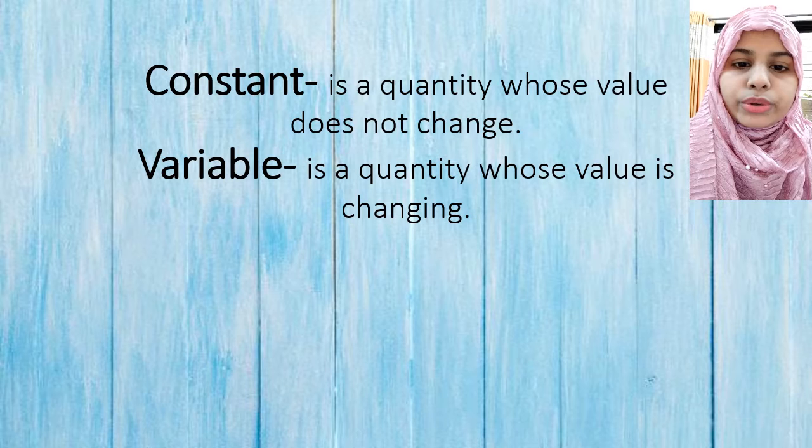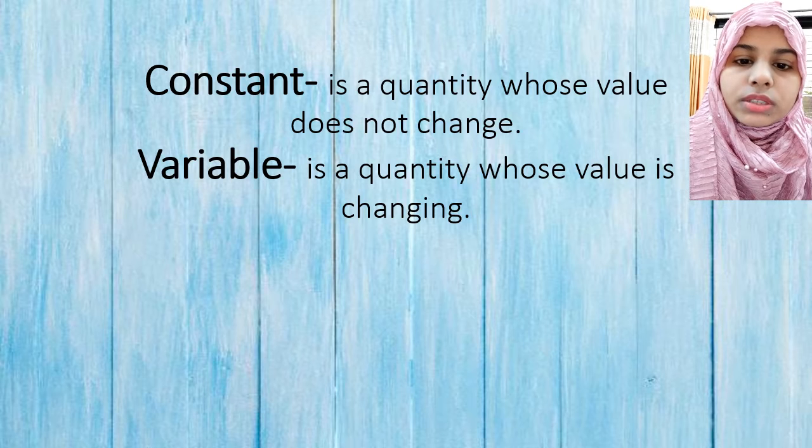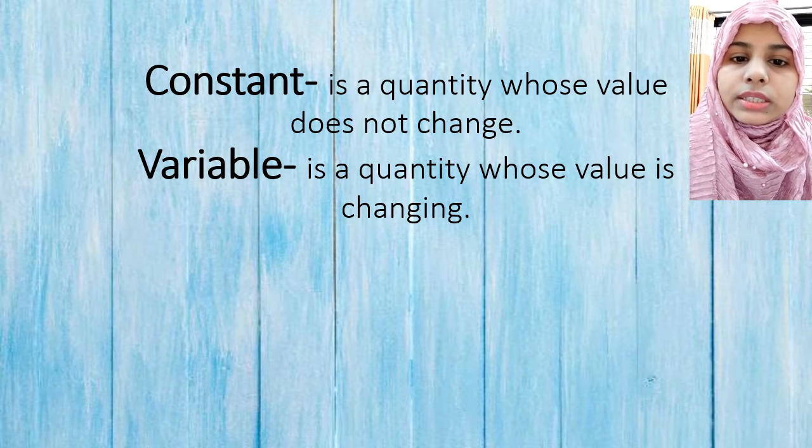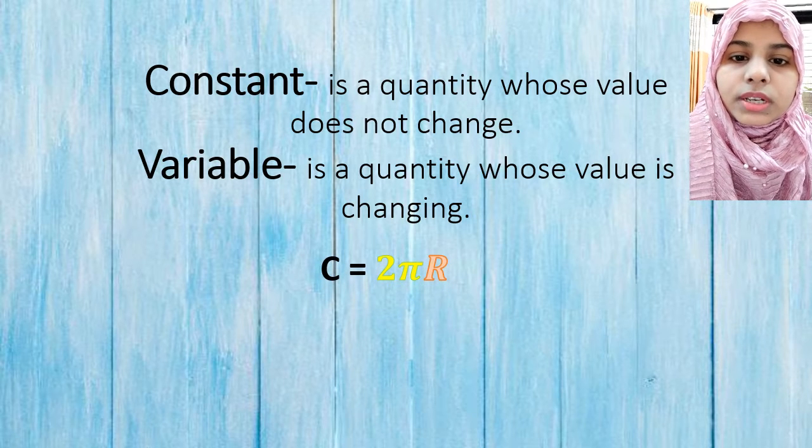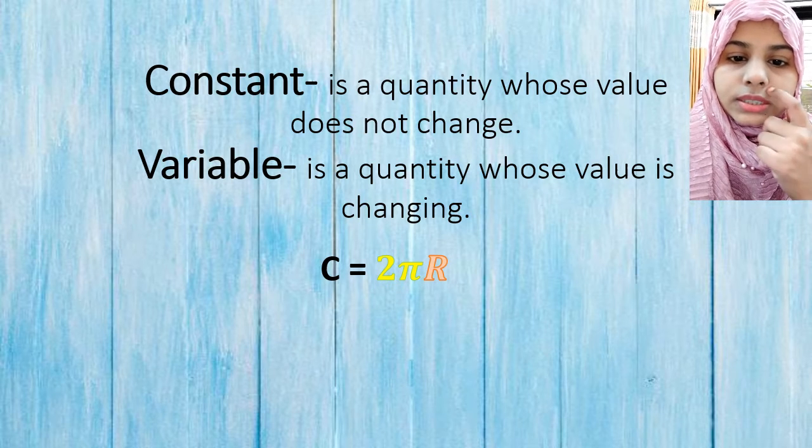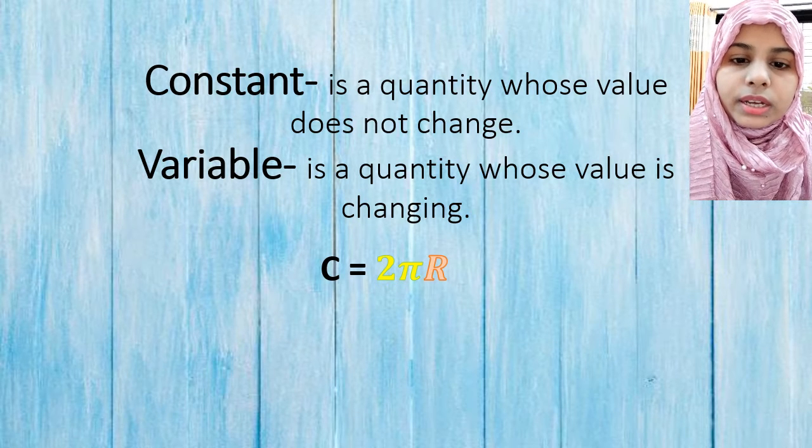So students, let us see what is a constant. A constant is a quantity whose value does not change, whereas a variable is a quantity whose value changes. Let us see this with an example. Let us take the example of the circumference of a circle, that is C is equal to 2πr.